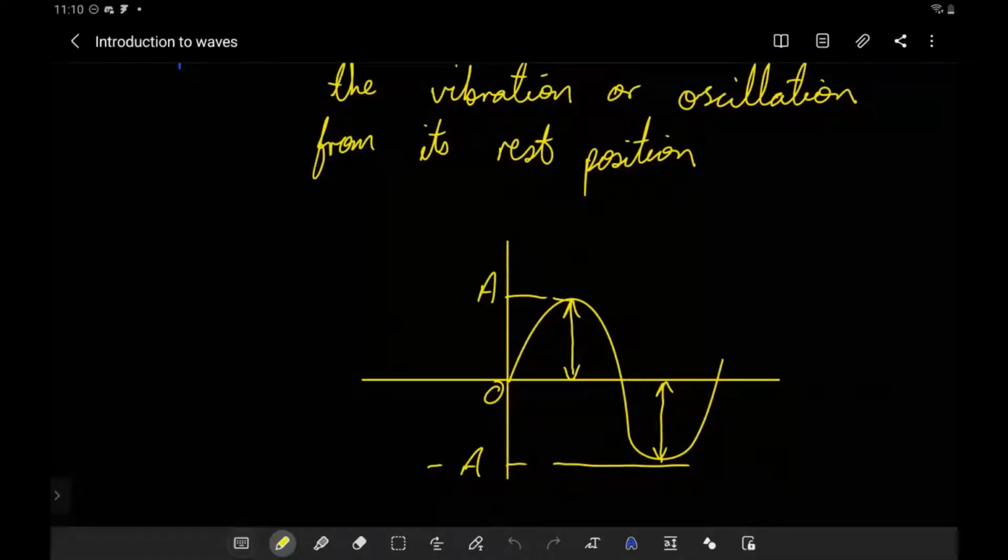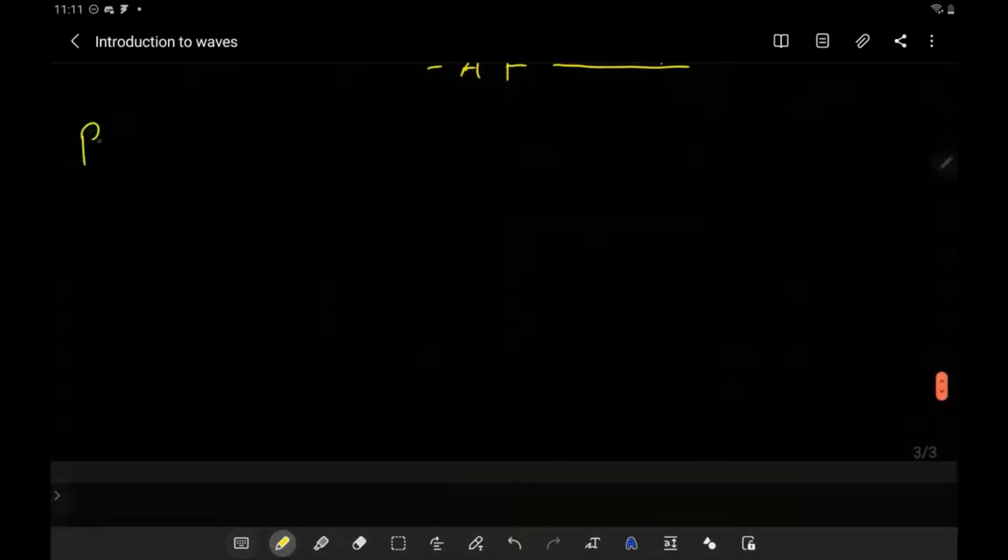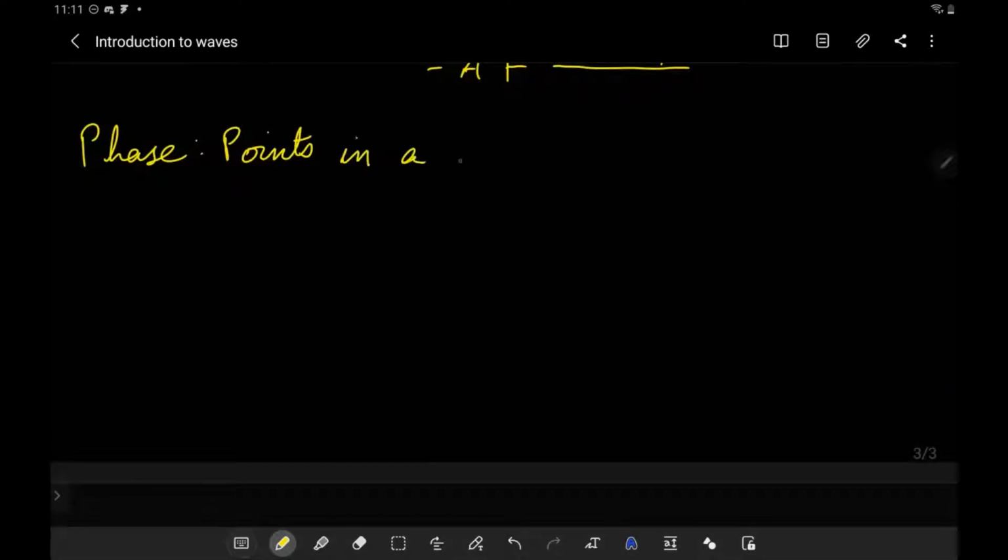So what we want to look at next is what we call the phase of a wave. Phase is defined as its points in a progressive wave.